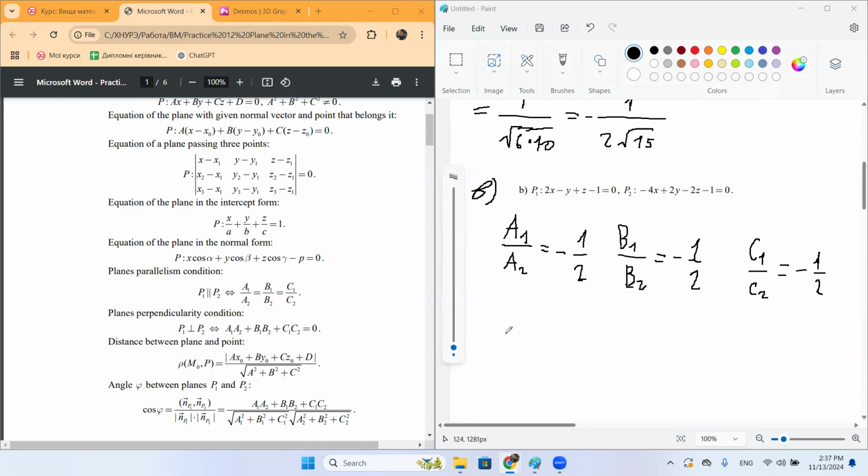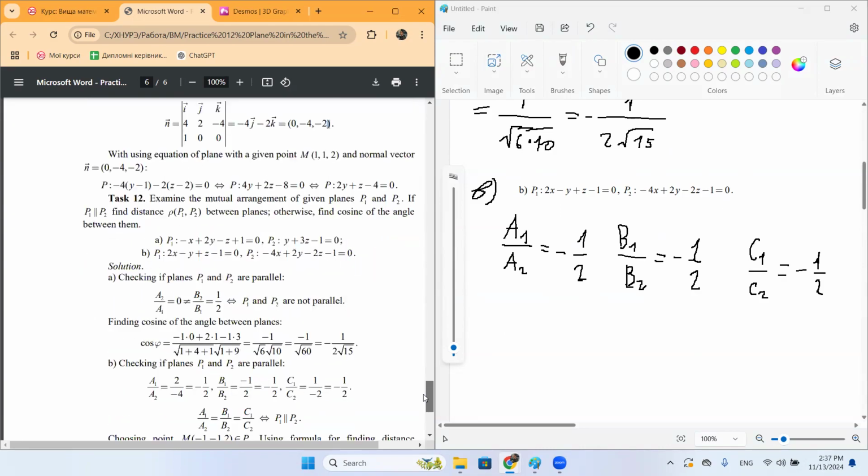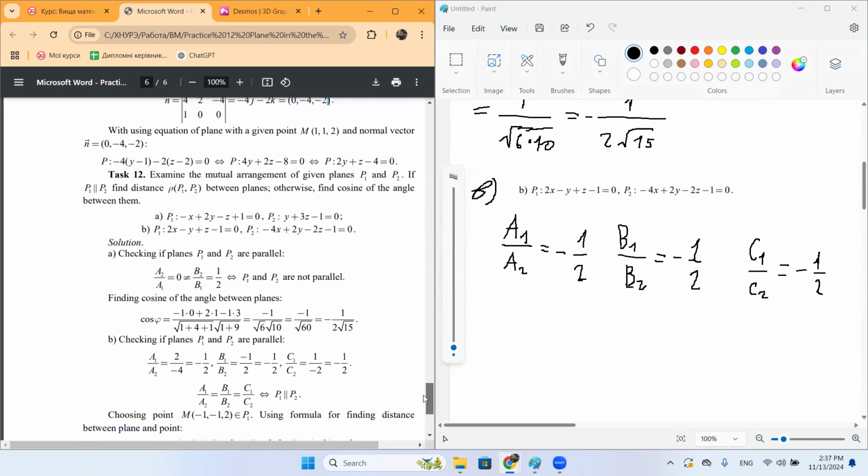Let's choose the point with coordinates -1, -1, 2. Okay, let's use this point. Oh no, let's choose another point and then compare results. I guess it will be more interesting.